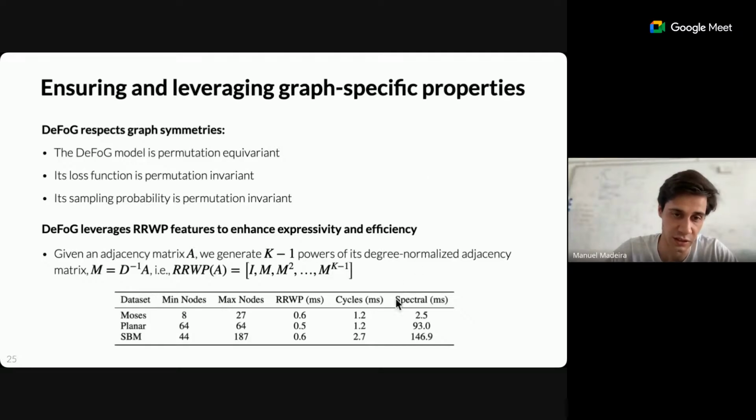For the case of DiGress, these extra features consist of these two last columns where spectral features and cycles would be computed, and now with our RWP, we are able to get better performance in much less time. Now I'll pass my word to my colleague Yiming, who will proceed with the rest of the presentation.